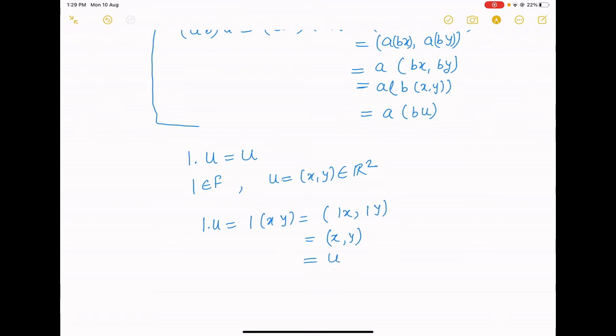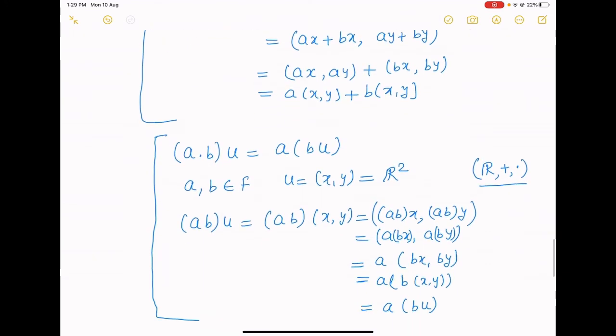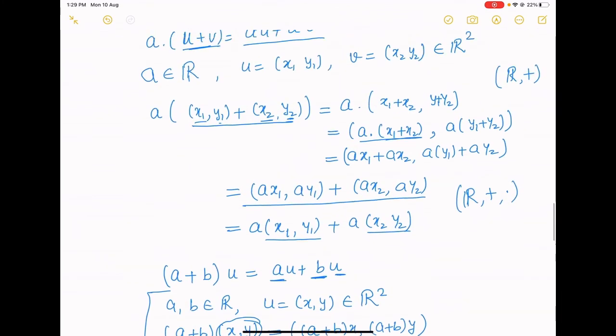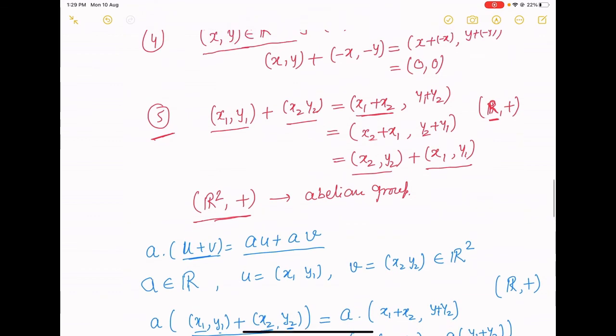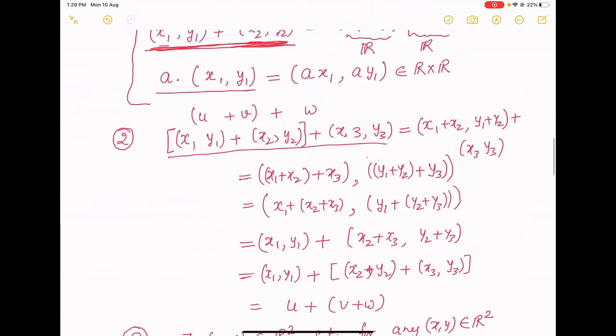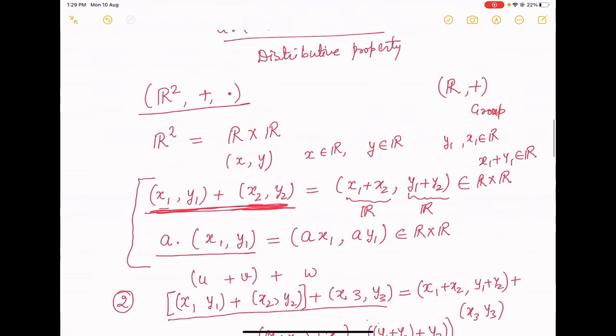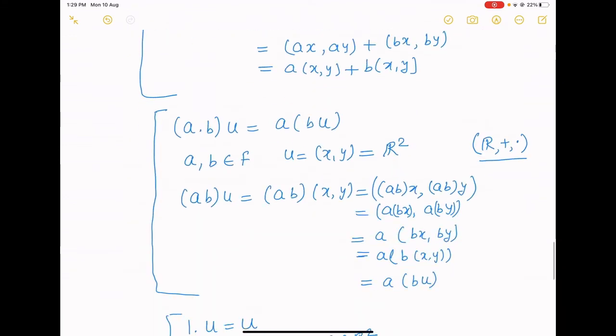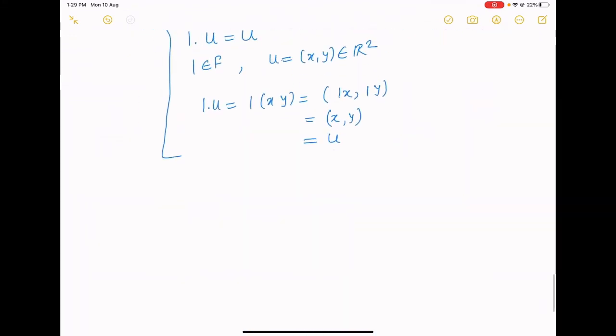This is u. 1 dot u is equal to u. So this is the last property with respect to vector space. So all these properties with respect to scalar multiplication and these properties with respect to vector addition are satisfied with this space R square. So R square is a vector space over the field of real numbers.